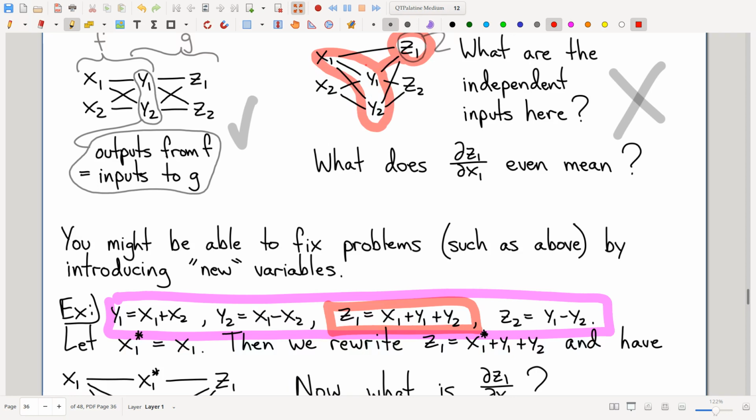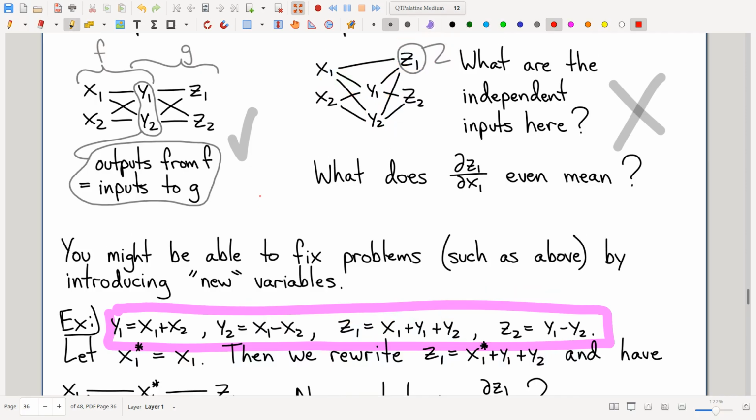Okay, fine. So what's the problem? What's the issue? Why don't we just sort of proceed on this? And the reason why is, let's ask the question, what would this partial derivative mean? If I wanted to ask, what is the partial of z1 with respect to x1? Okay, well, there's z1.